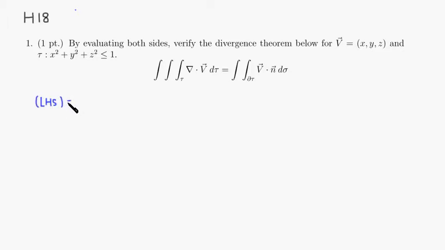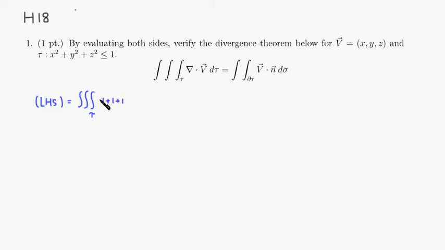The left hand side is a triple integral over the ball, a unit ball with radius 1, so it's tau. Then the divergence of v: the partial with respect to x is 1, plus the partial with respect to y is 1 again, and the partial with respect to z is 1.